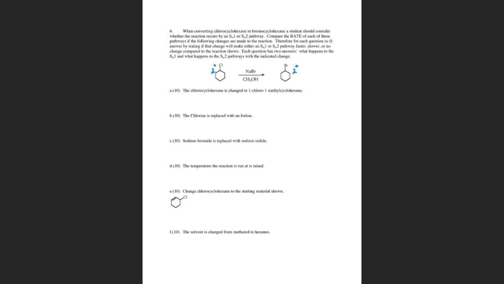Now let's look at A. It says that the chlorocyclohexane is changed to 1-chloro-1-methylcyclohexane. So that means our reactant is going to look like this. Sorry y'all for my bad drawing. So when we do that, now it has changed to a tertiary.